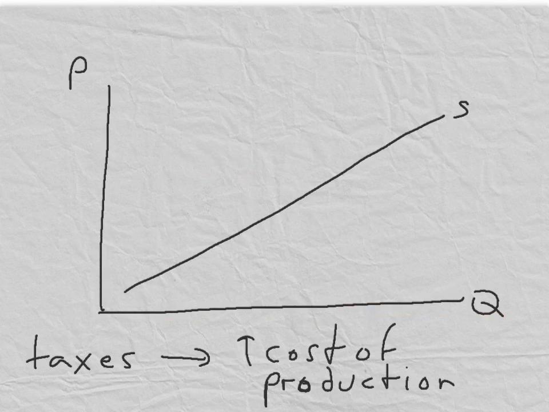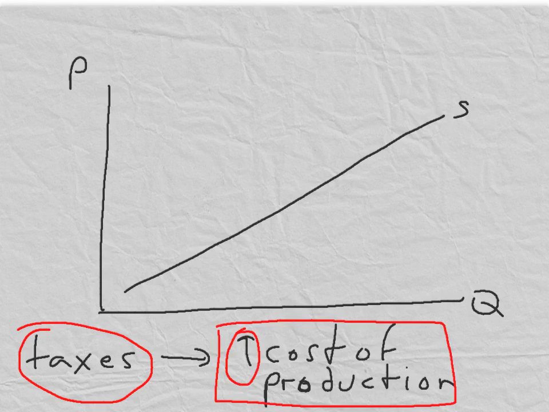The first thing to understand is that a tax is initially levied on the producer of the good and increases the cost of production. When we tax a product, we are making it more expensive for the producer to produce it, and therefore any output that the producer produces will be sold at a higher price.